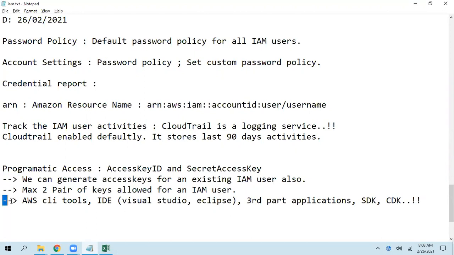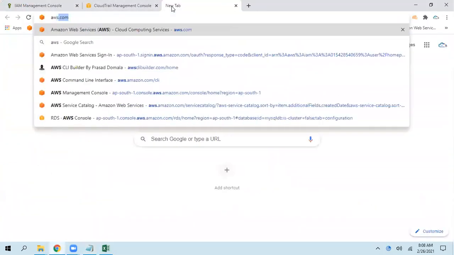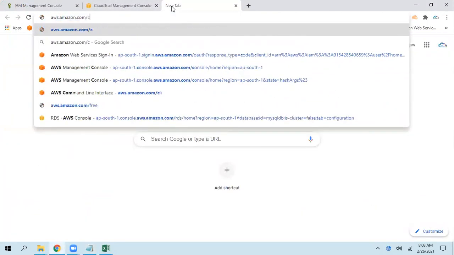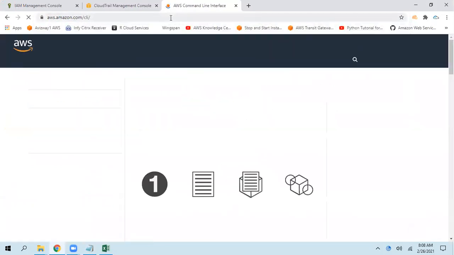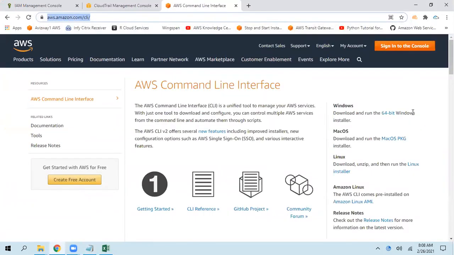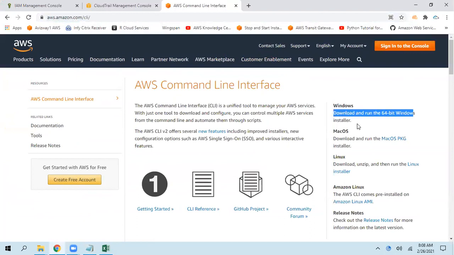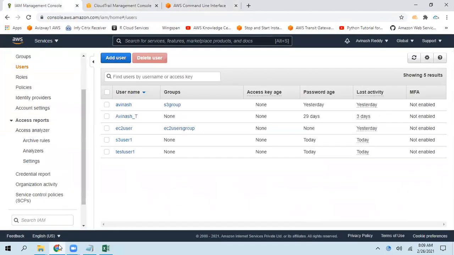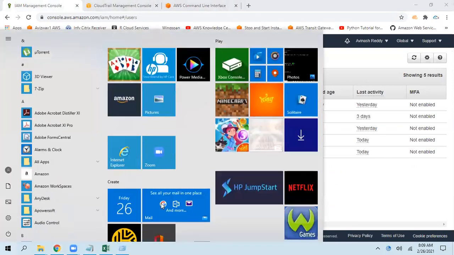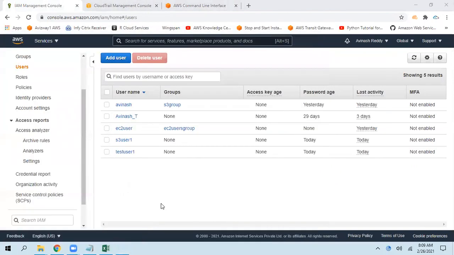For the CLI, we need to go to aws.amazon.com/CLI. Here we have the CLI tools. We need to download and install this. Whenever you download and install this, your local device will start recognizing a command called AWS.